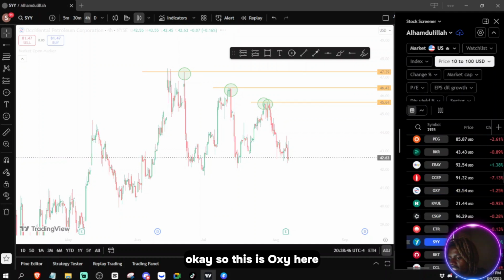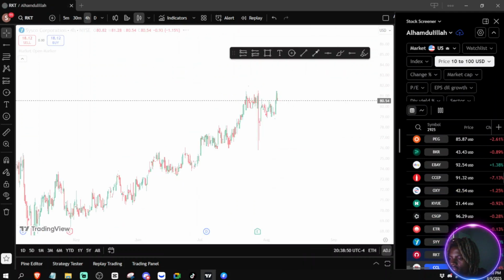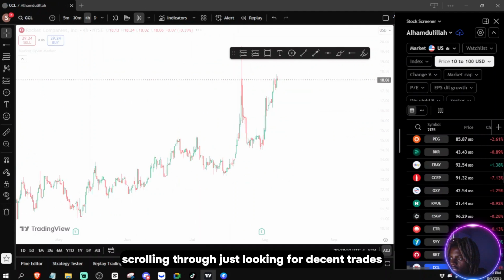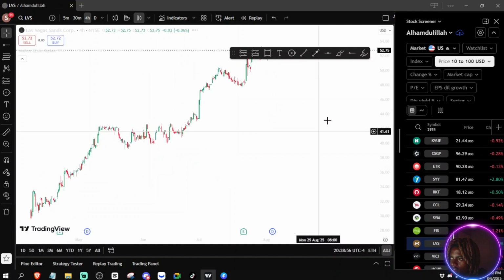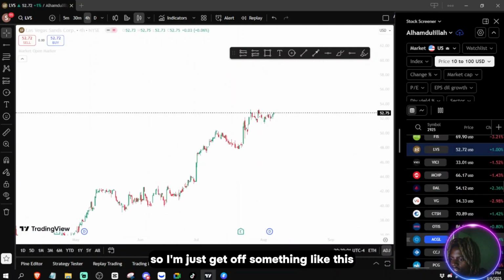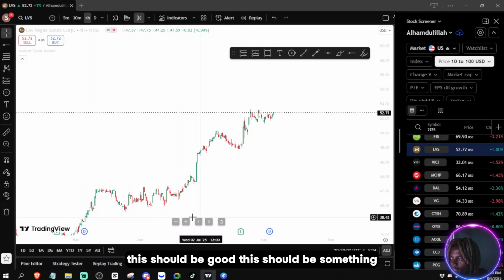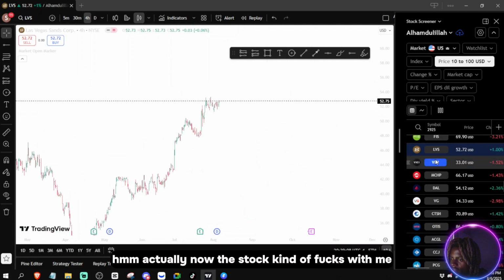Okay, so this is Oxy here. This is all I do, just go through, scrolling through, just looking for decent trades. Okay, this is way too far at all-time highs, so I'm good off something like this. Actually, no, the stock kind of fluctuates.